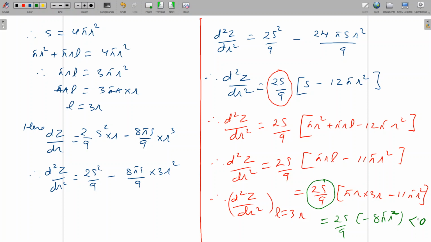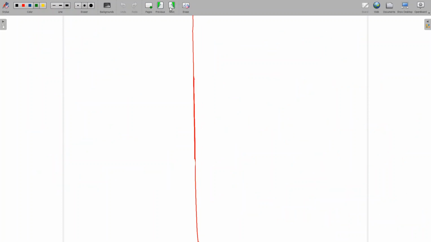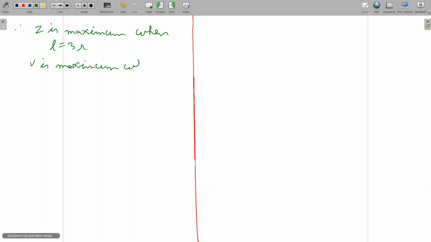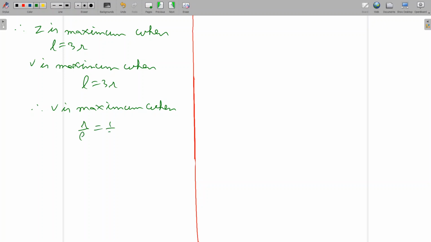So V is maximum when L equal to 3R, or we can say that V is maximum when R by L equal to 1 by 3.